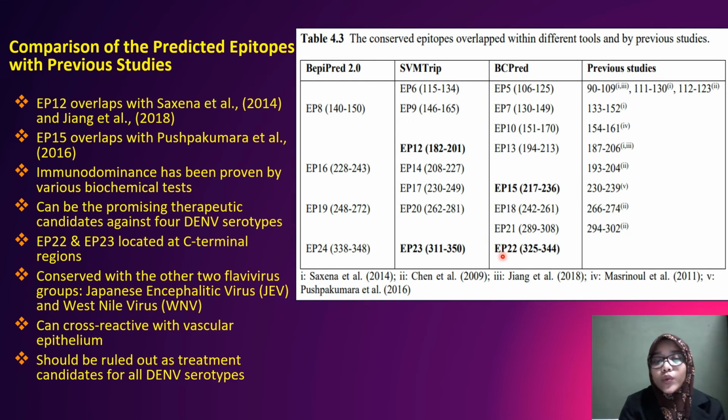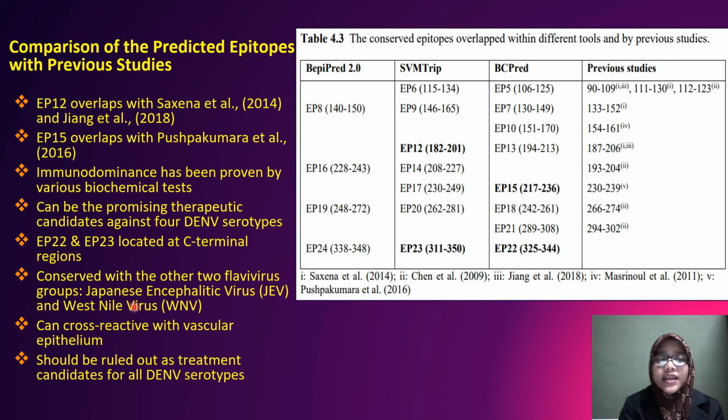Meanwhile, epitopes 22 and 23 also have the highest conservancy level. However, they are located at the C-terminal region, which according to Pushpakumar et al., epitopes at this region are also conserved with the other 2 flavivirus groups. Therefore, if we create vaccines based on these epitopes, the vaccine might not be very specific towards dengue virus.